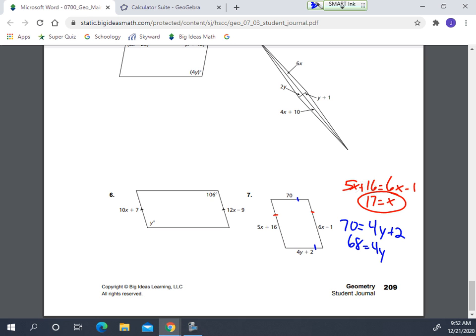Now I need my calculator because I forgot what 68 divided by 4 is. Actually, I'm just going to do it the good old-fashioned way up here. 4 goes into 6 one time, left with 28. Hey, no, not 14, holy cow, 17. Bad math by me. 17 is equal to y. Okay, that is 7.3.